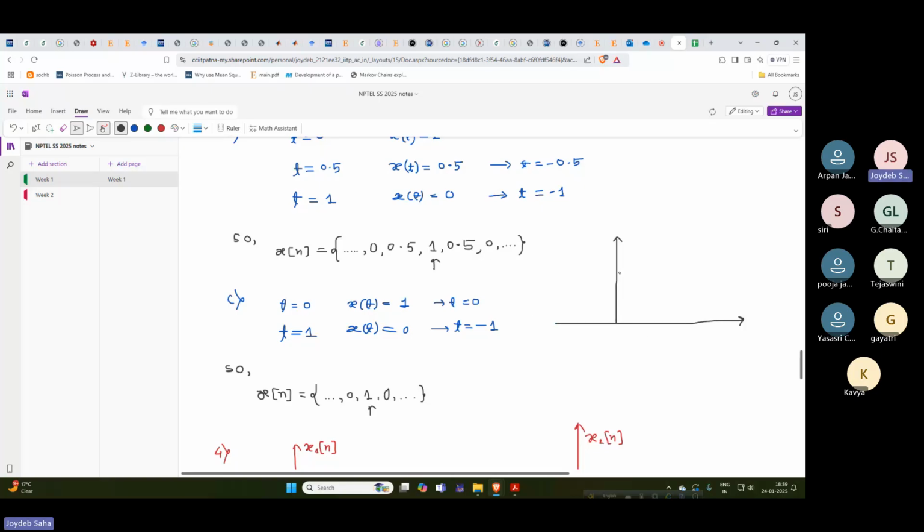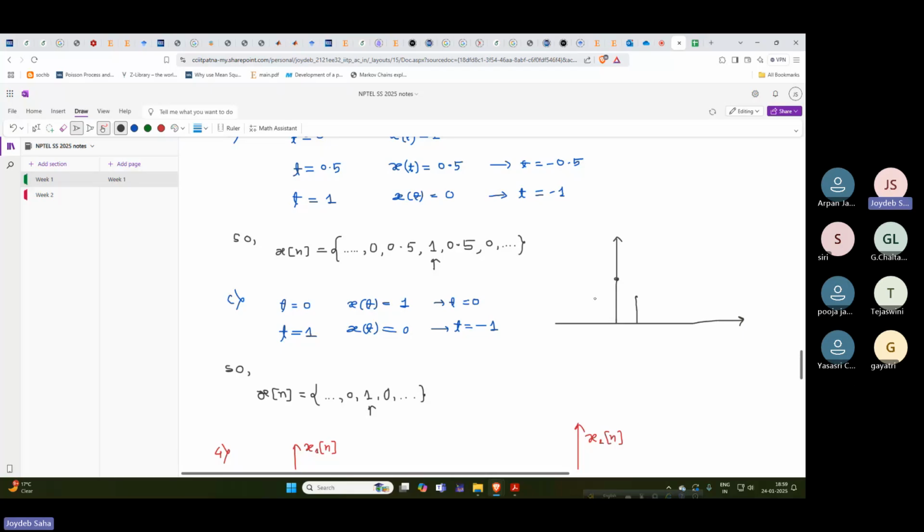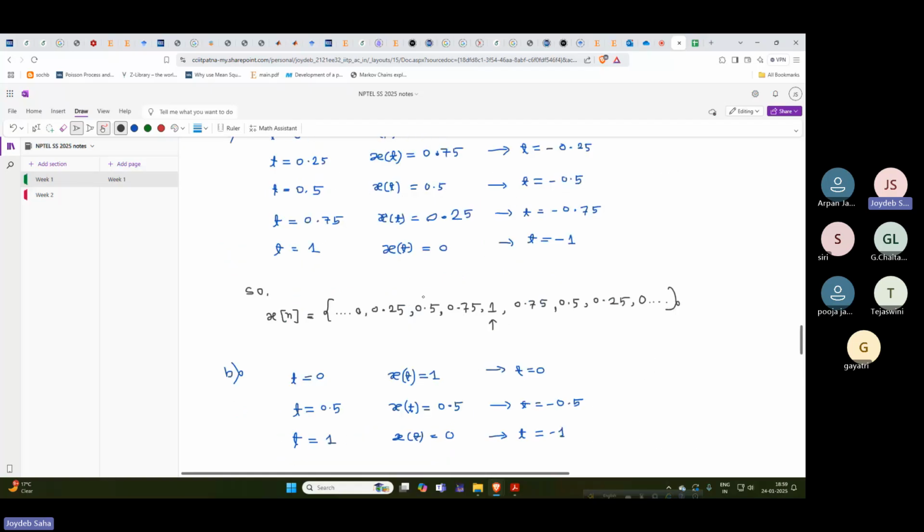From the sequence we can plot: this is 1.5, this is 0.5, and the rest are 0. Similar manner you can plot all this.